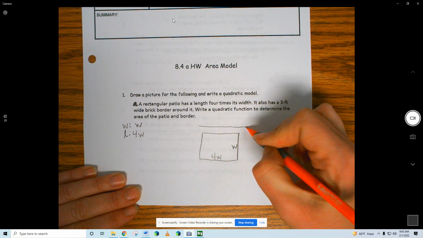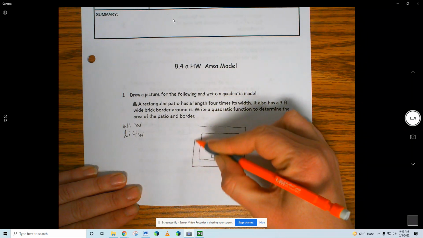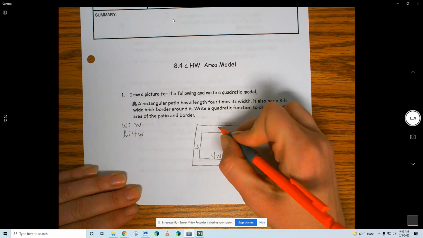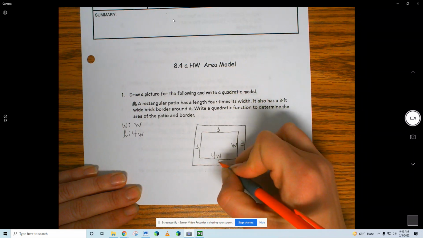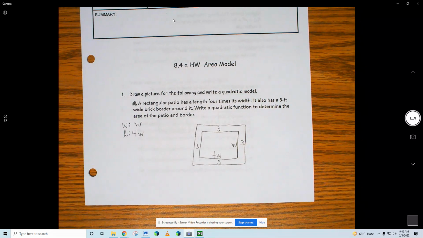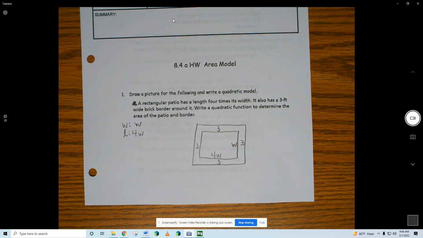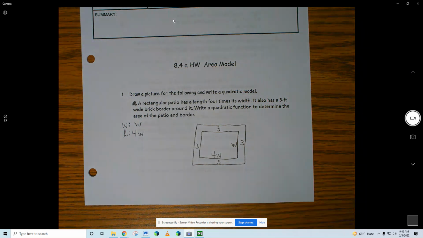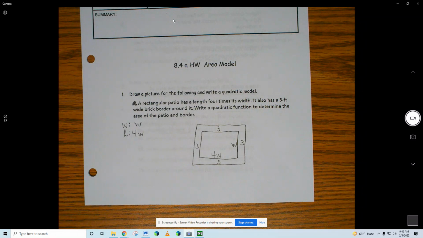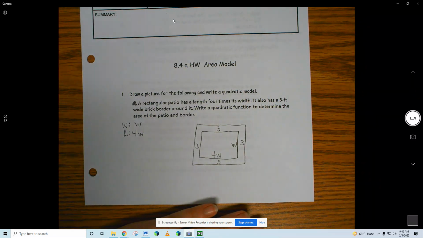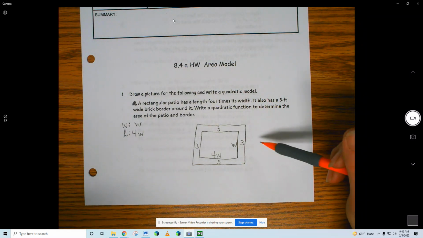And it has a 3 feet brick border around it. So your job is to find all the important information. The new width, the new length, the area. Okay, so this is the picture for this.